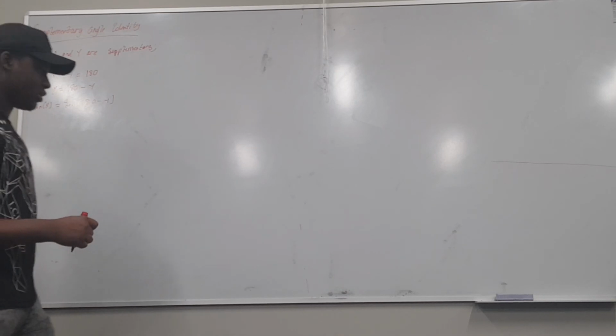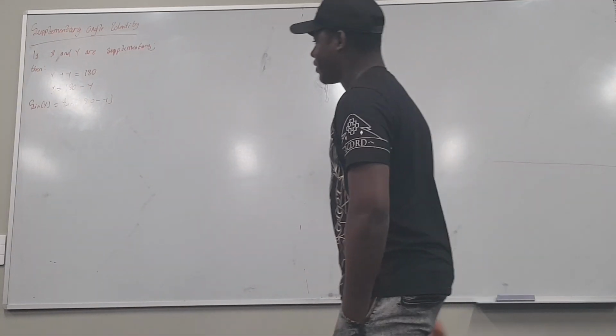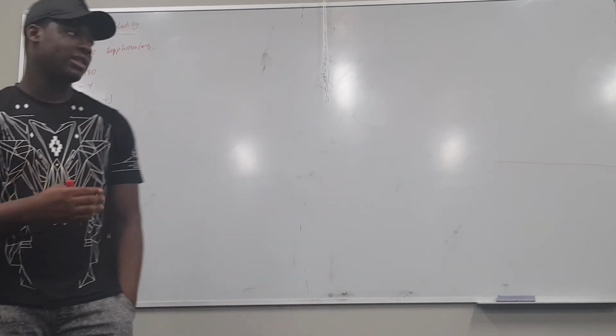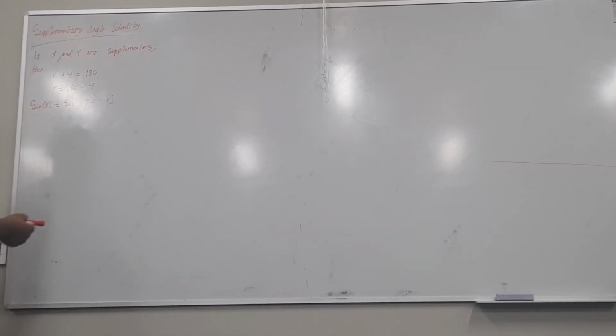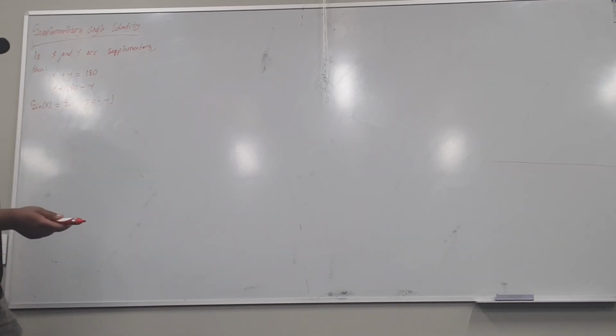If you think about it with analysis, you can think of the case scenarios. That's what I mean by analysis. Sine x is sine of 180 minus y. I know that this is positive. How do I know this is positive?